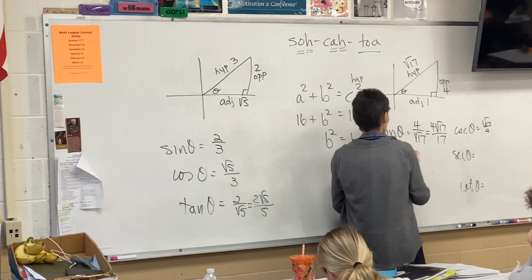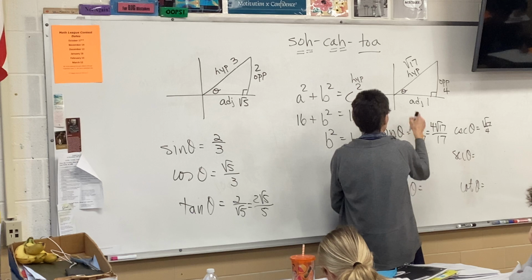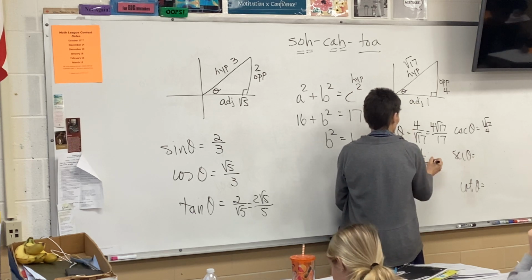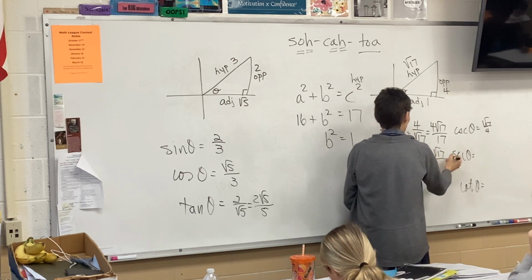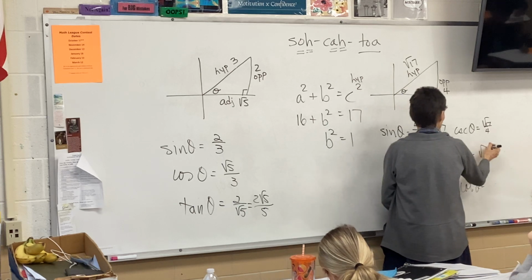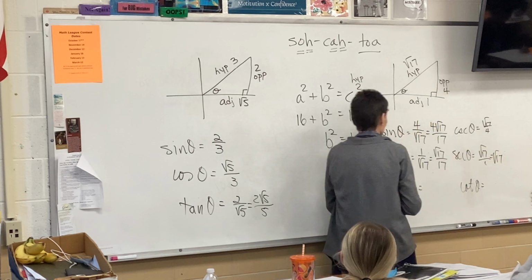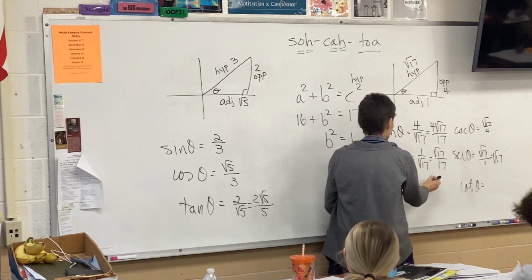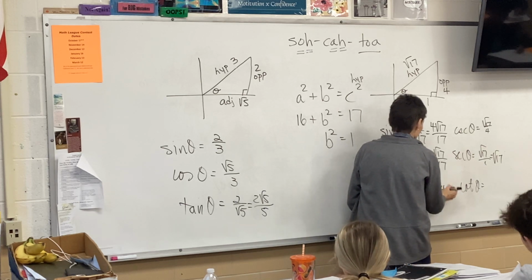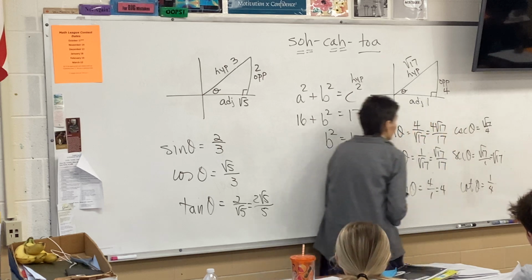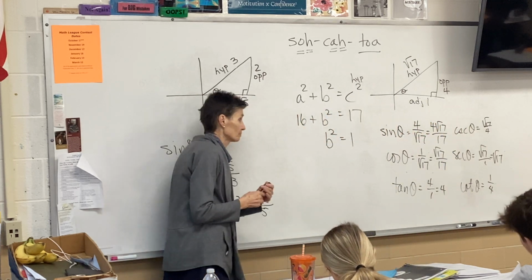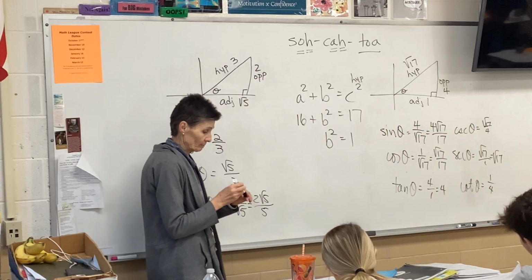So cosine is adjacent over hypotenuse. And tangent is opposite over adjacent. And there we go.